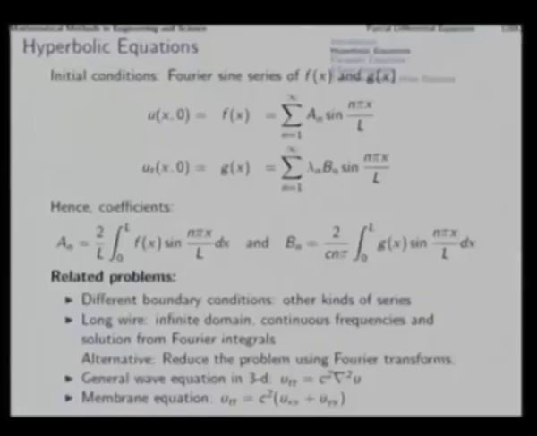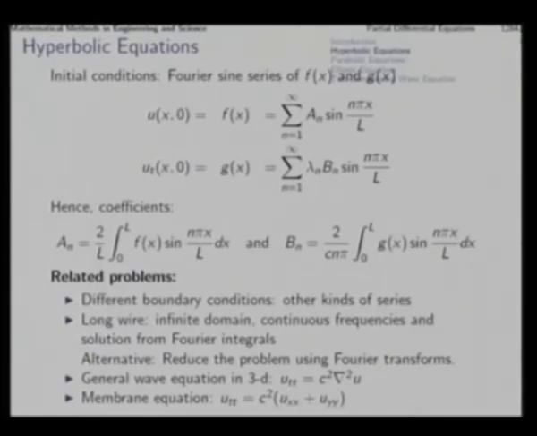Now, these are a few considerations which you will appreciate in more detail when you solve a few further problems. For example, in the textbook, some of these cases have been considered in the exercises of the chapter, and the steps of the solution have been given in the appendix.